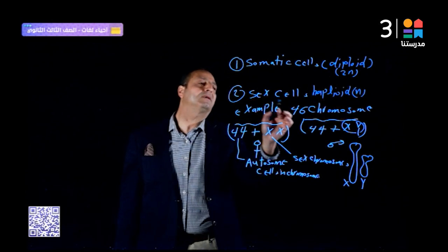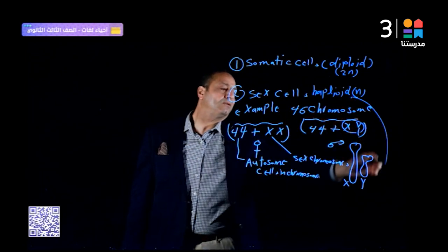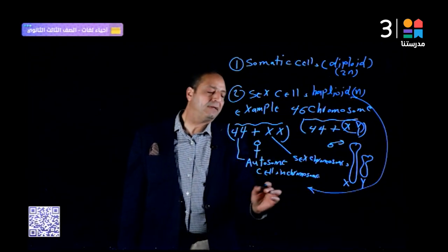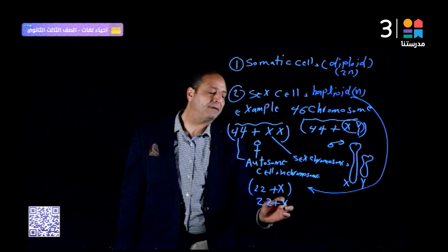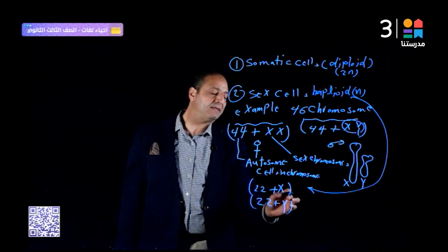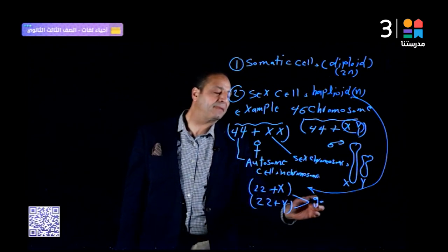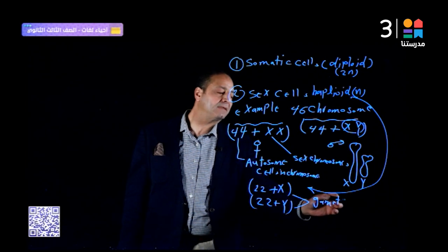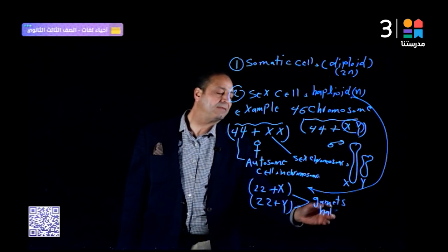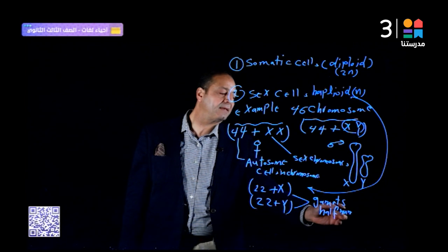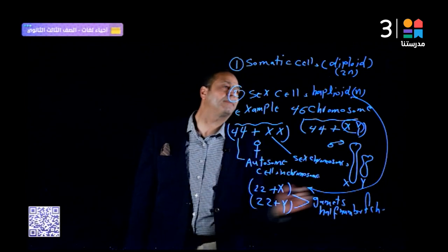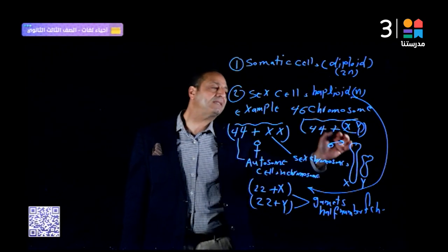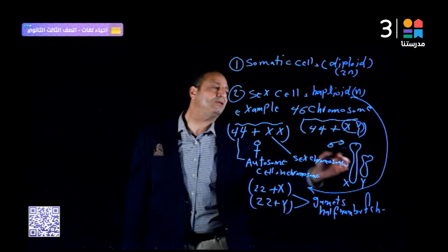For example, sex cells are 22 plus X or 22 plus Y. This represents gametes, which have half the number of chromosomes. Okay? Another point related to this lesson, gene.